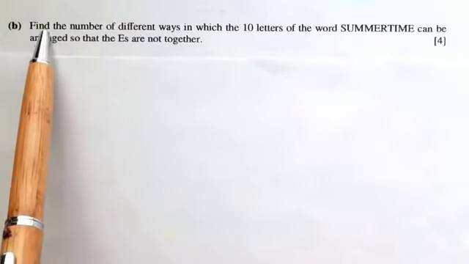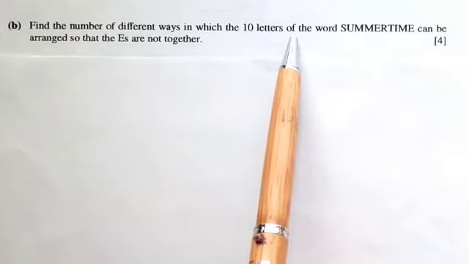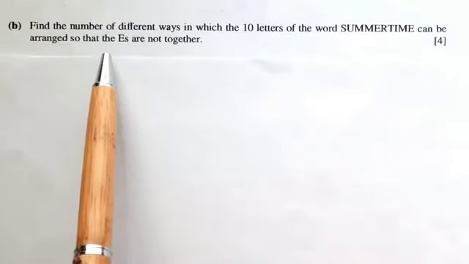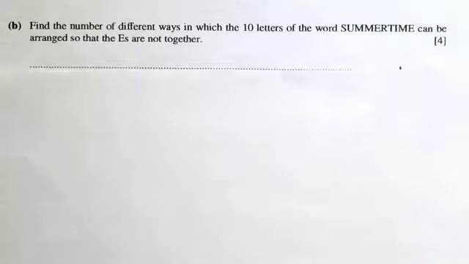Question B. Find the number of different ways in which the 10 letters of the word summertime can be arranged so that the E's are not together.